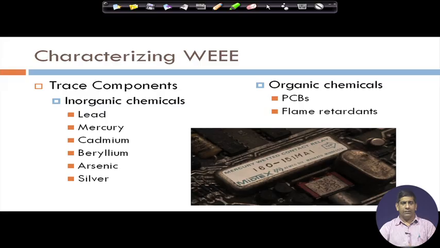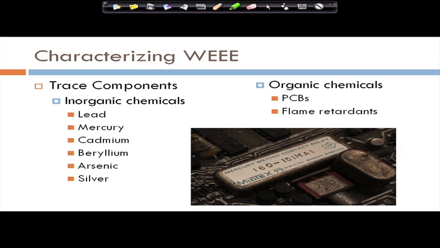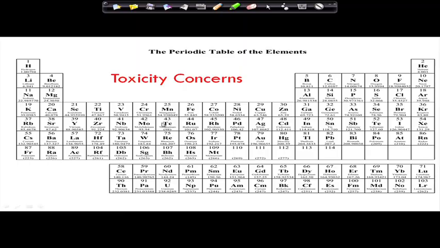They are listed as having certain adverse environmental and human health impact. Similarly, PCBs are known to have some sort of negative impact as well, and the flame retardants have been in the news in recent years for their environmental and human health impact. So there is a toxicity concern.